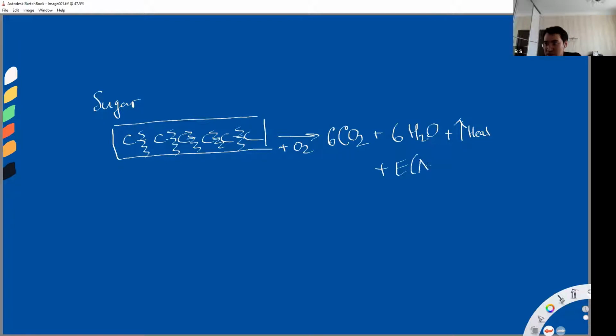So energy is stored in ATP. This is a high energy molecule, very easily giving up this energy, and that's why it's kind of unstable. So whenever we have ATP, we need to use it almost at the same time.